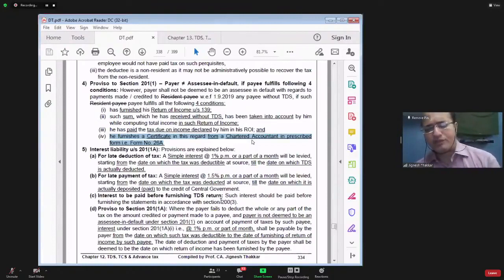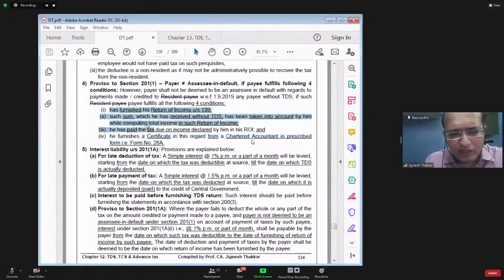That certificate will be received from a chartered accountant, which will clearly mention that the payee has done 3 jobs. The payee has taken that income received without TDS into his total income, the payee has paid the tax, and the payee has filed the income tax return within the due date. The CA will give the certificate that yes, these 3 jobs are done by the payee.